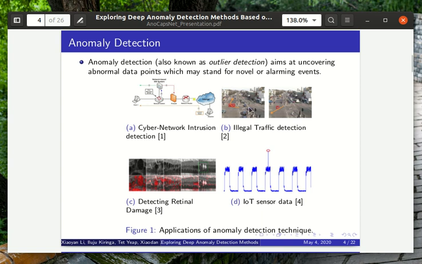In surveillance systems, it could be an illegal traffic flow. In medical information systems, it means possible onset of certain diseases.